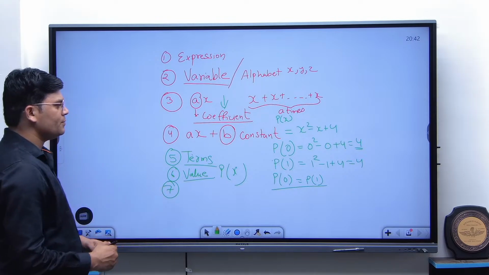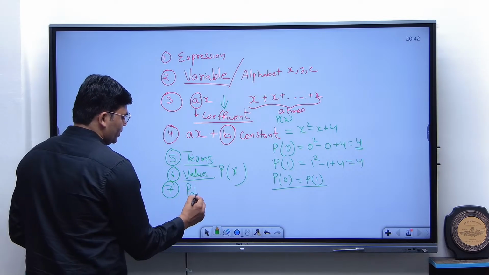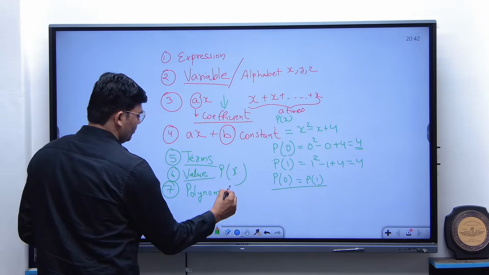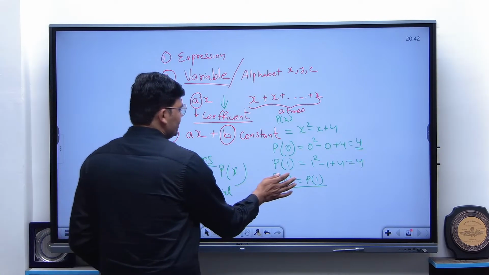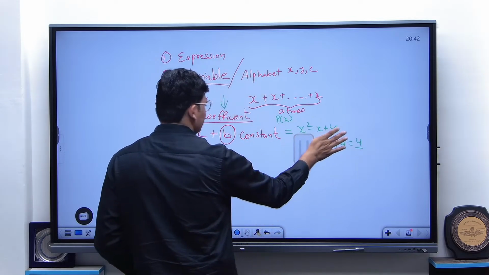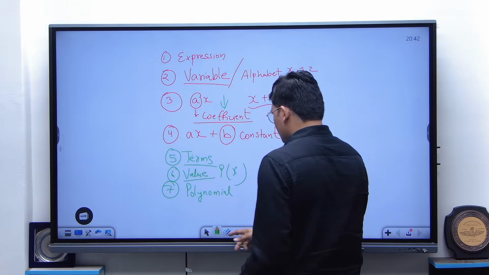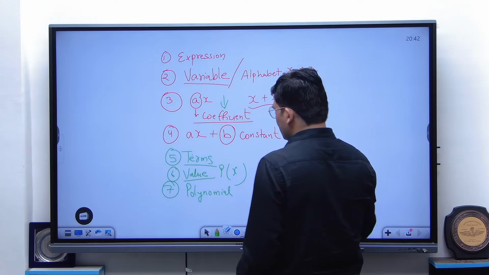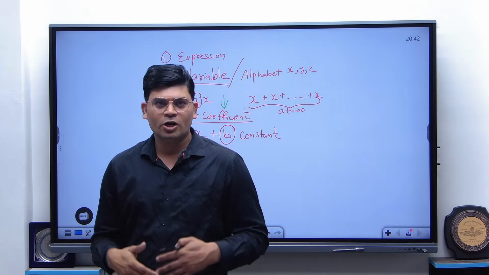Then comes the new term that is known as polynomial. When you ask me to teach algebra, I can teach from the book as well. But I am teaching you from the concept that whether you are in grade 8 or grade 9, the same basics have to be repeated again and again.